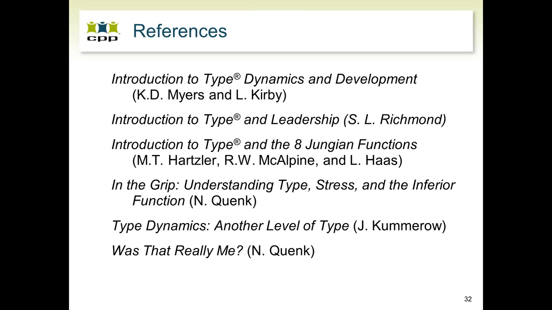Jean Kummerow has written a wonderful publication that's published by CAPT called Type Dynamics: Another Level of Type. And Naomi Quenk has also written a book that expands on her In the Grip publication called Was That Really Me? That's a full book that you can get from any publisher of books.